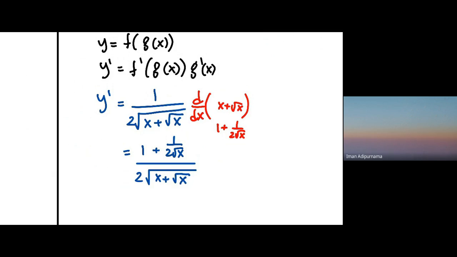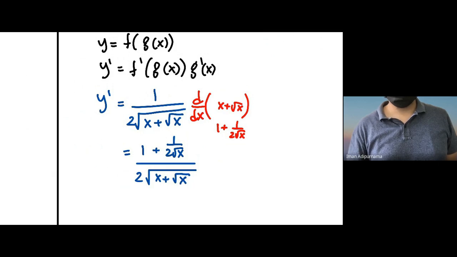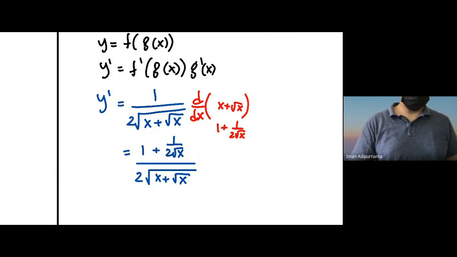Unless I give you options A, B, C, D, and the whole thing in A, B, C, D is different, and you need to do something with this. Okay, that's the chain rule.